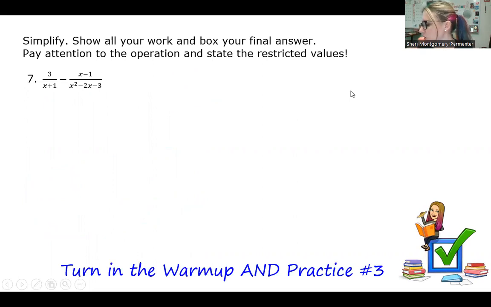So the last question, this is a subtracting question. What do we have to have the same in order to add or subtract? Denominators. What's our first step? Factor. Do we factor everything? Just the denominator. Okay, so my first step is to factor.